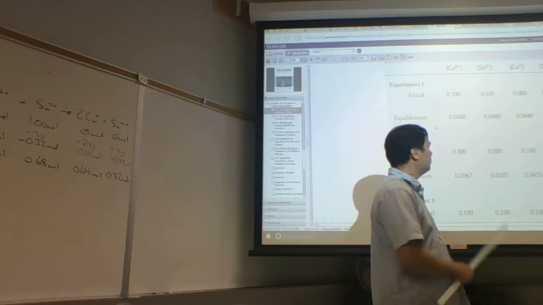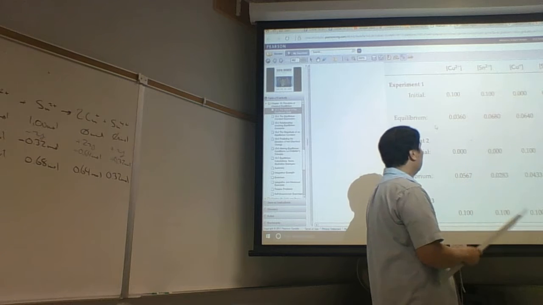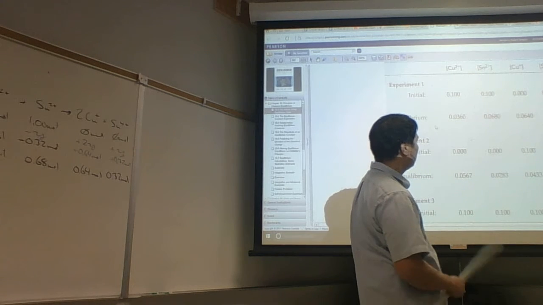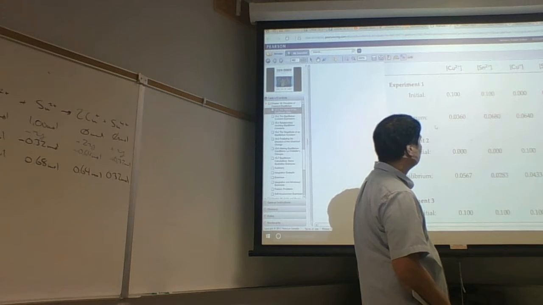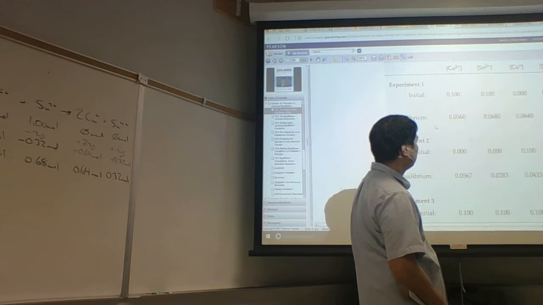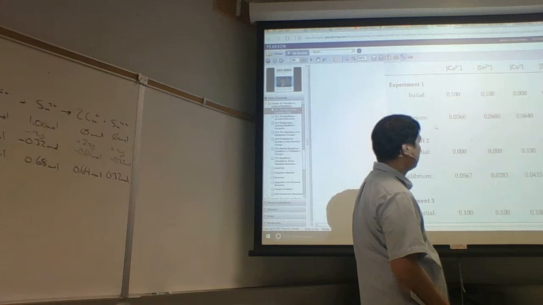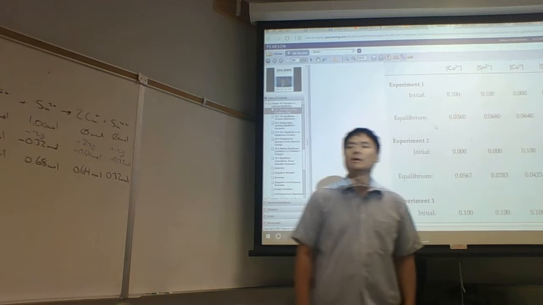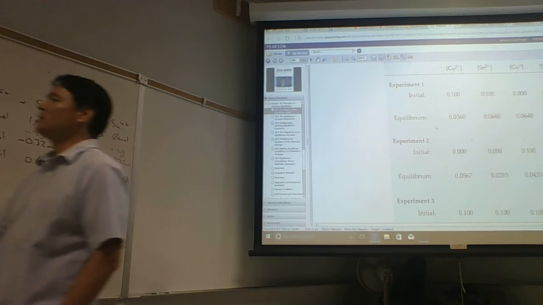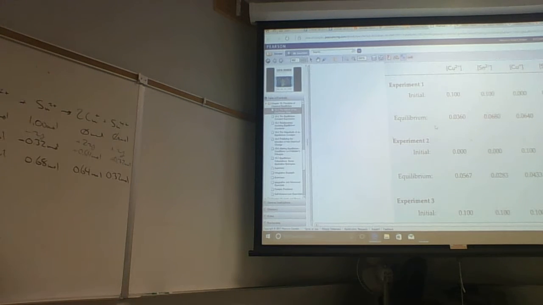Do we generate a 50-50 mix in all these scenarios? Does that look like a 50-50 mix to you? Maybe that's how we can predict it. Or maybe it's not a 50-50 mix because the products are just slightly more stable.